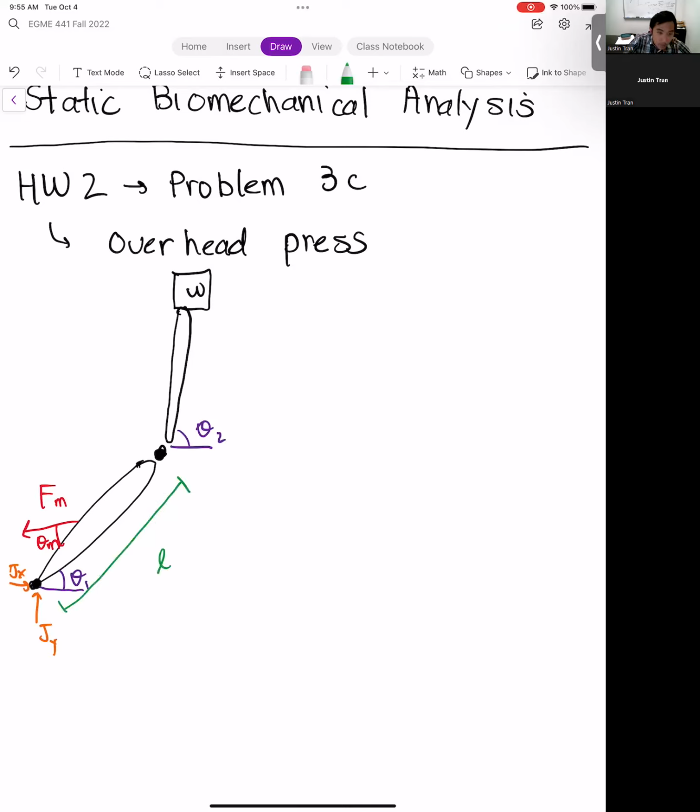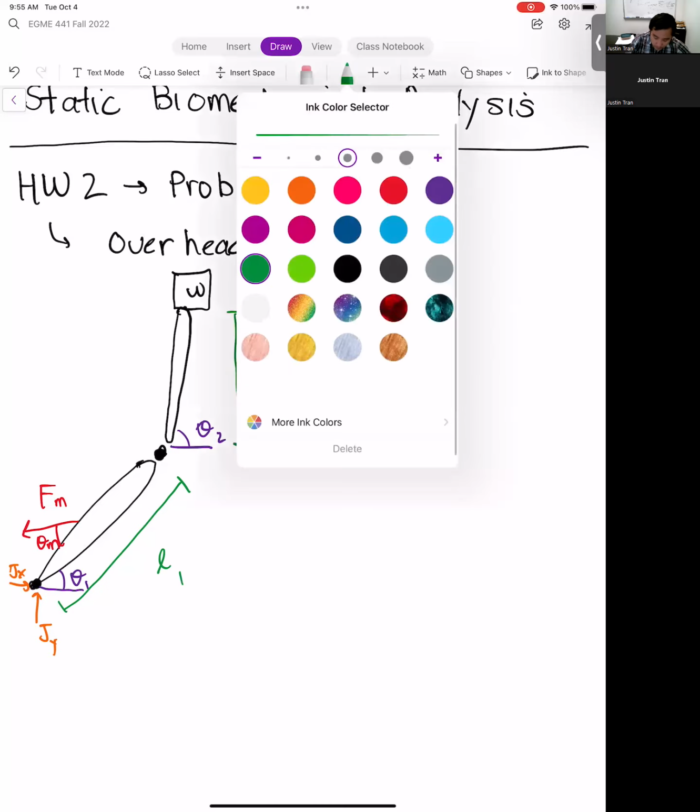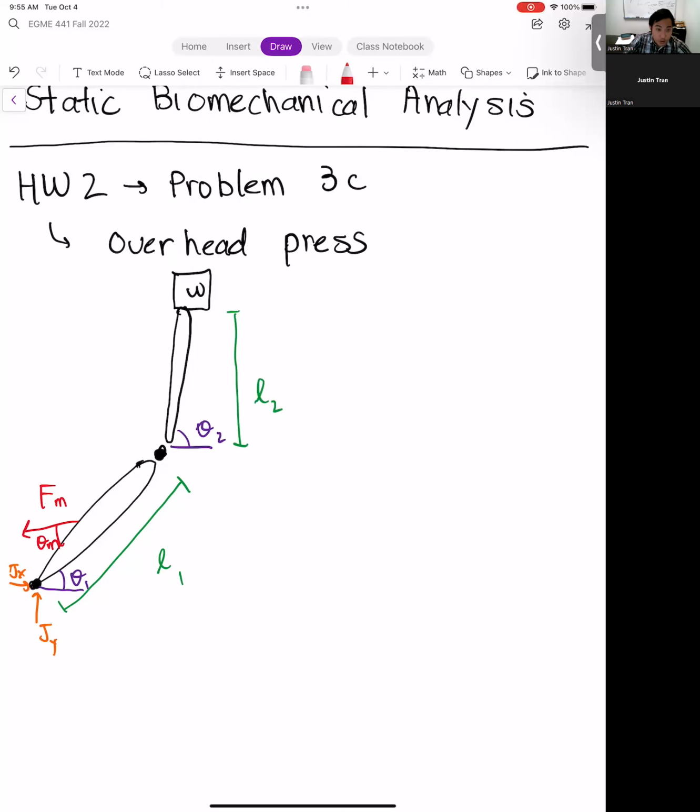The upper arm segment has a length of L1, and the lower arm segment, or your forearm, has a length of L2. Finally, we have the weights of the arms, as well as the weight at the end. The upper arm has a weight going downwards of W1, the lower arm has a weight of W2, and of course the weight at the end of the arm has a weight of W.